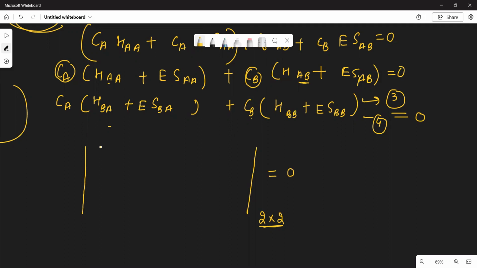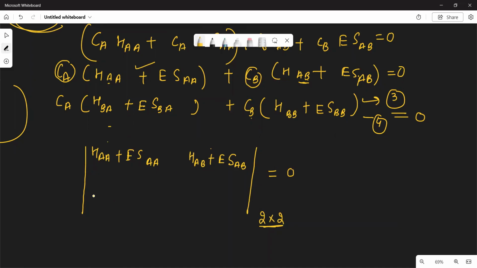The first element of this determinant will be the coefficient of CA. And the second element is, and the third element, this is the first row, first column. This is the element of first row, second column.